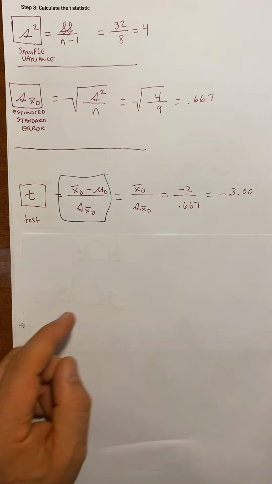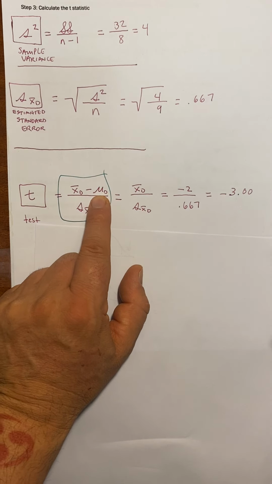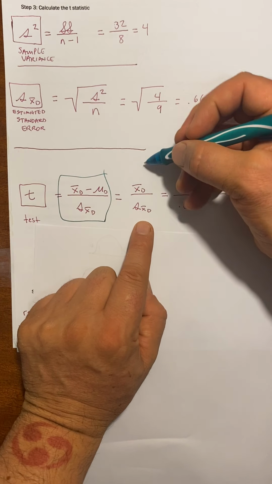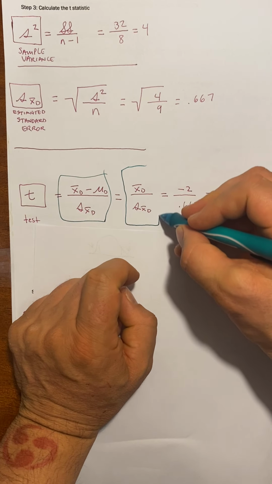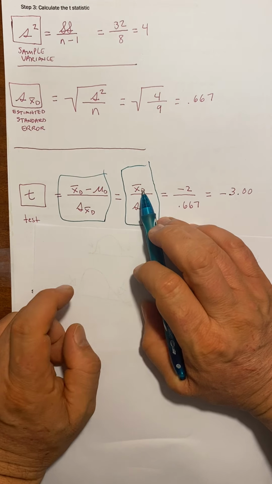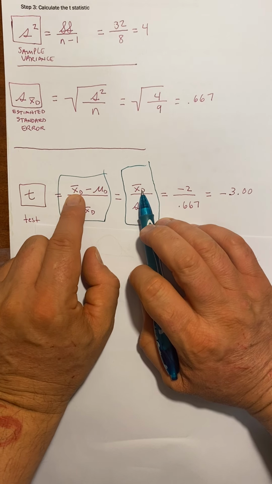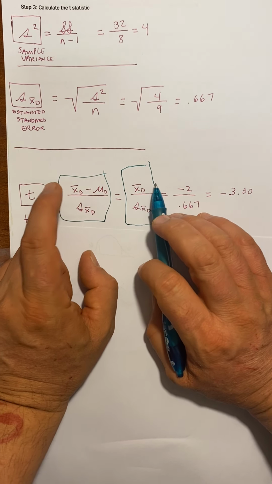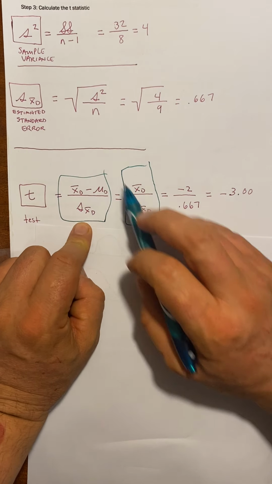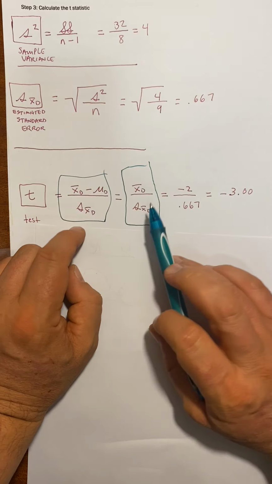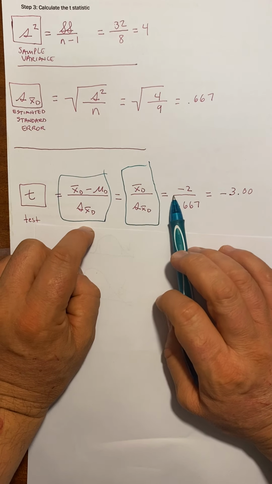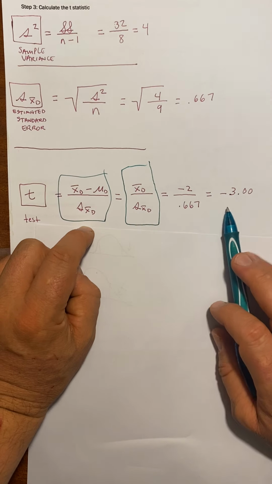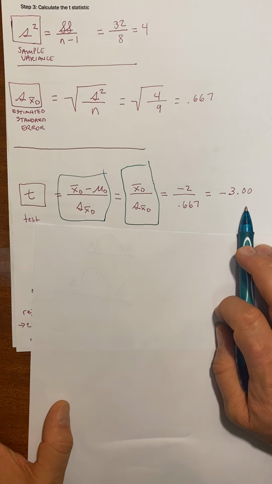It's going to be the exact same thing here. You're still going to have this be a value of 0. So really your equation is this equation. In your numerator, you're just going to put in whatever your sample mean difference is, and that's going to be over whatever your estimated standard error of the sample mean difference was. In this case, it's going to be that -2 divided by this 0.667, and that gives you a -3.